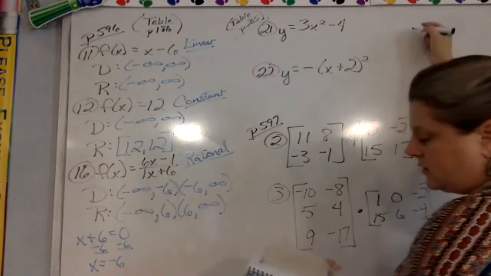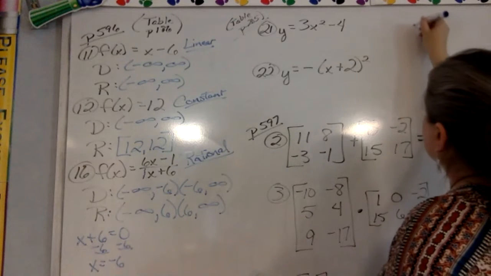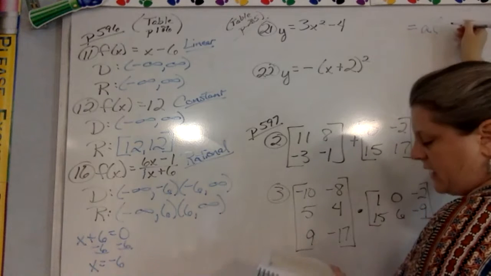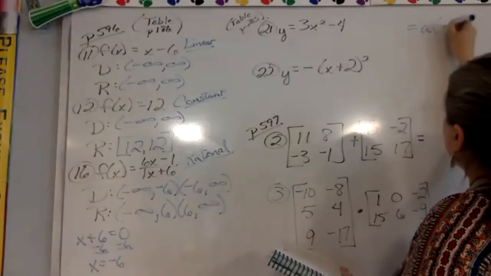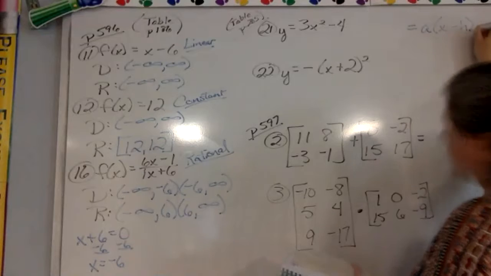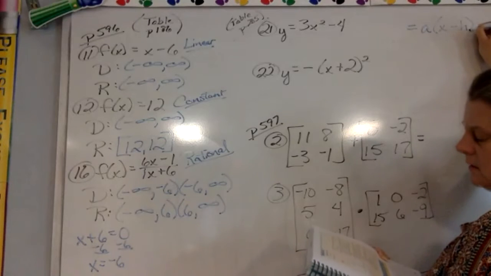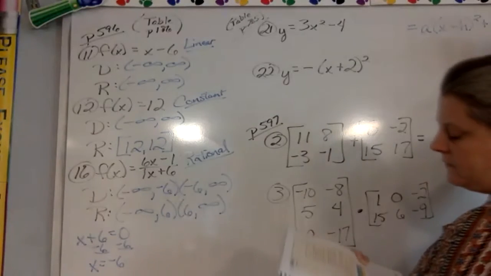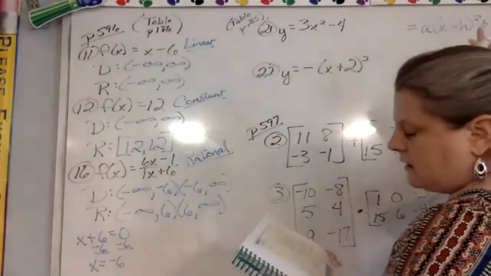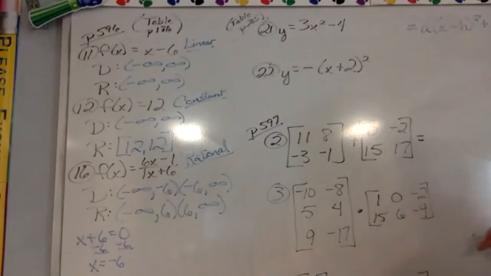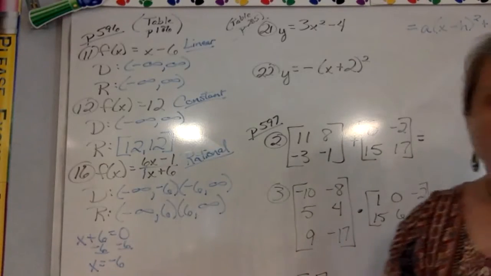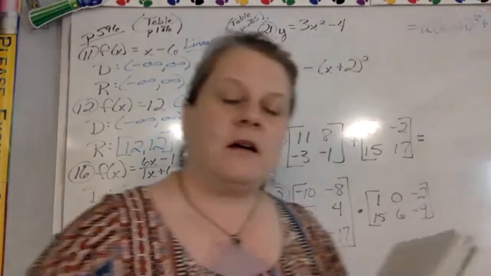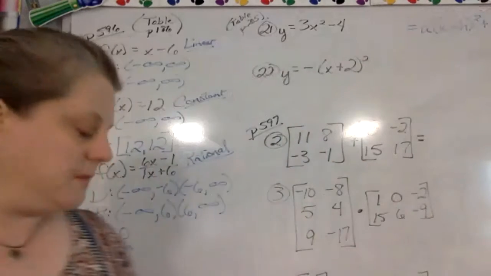Our basic quadratic function is equal to a as the number out front, and then you have x minus h in parentheses squared plus k. That's your basic formula, okay? And then it tells you in the table different things that tell how that equation is going to be moved.